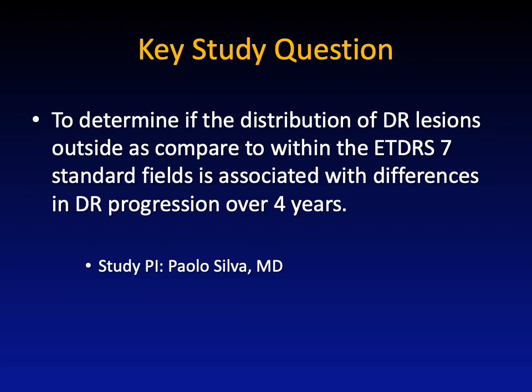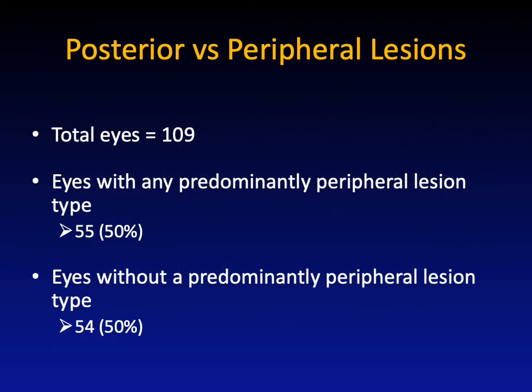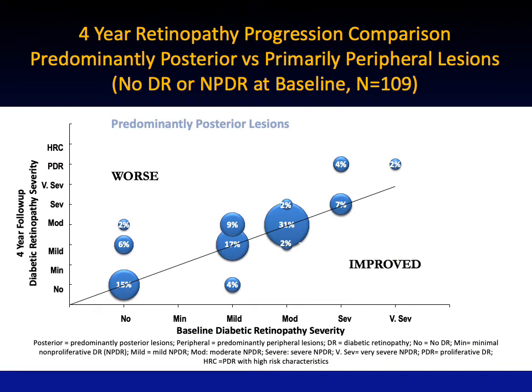So they followed up a group of patients for over 4 years. The study included around 109 eyes. Approximately 50% of them had predominantly peripheral lesions. So this is the group of eyes that had a predominantly posterior distribution of lesions. These are the eyes that got worse, and these are the eyes that got better.